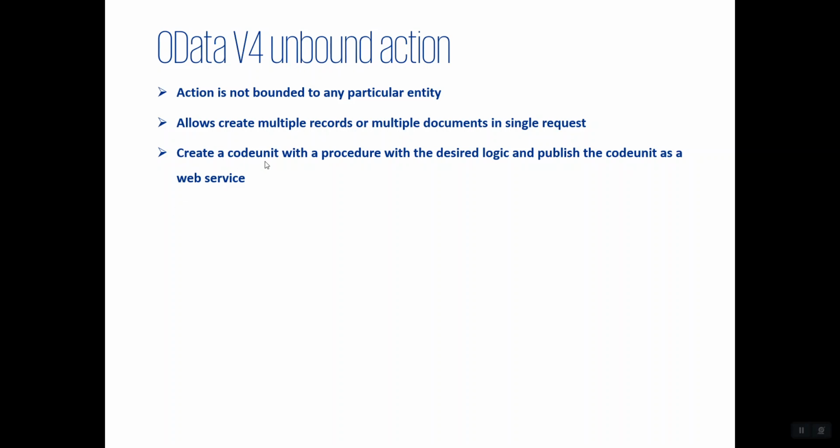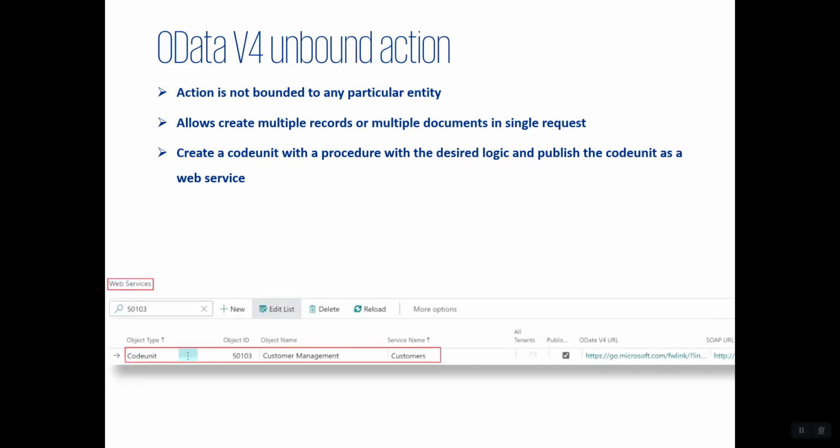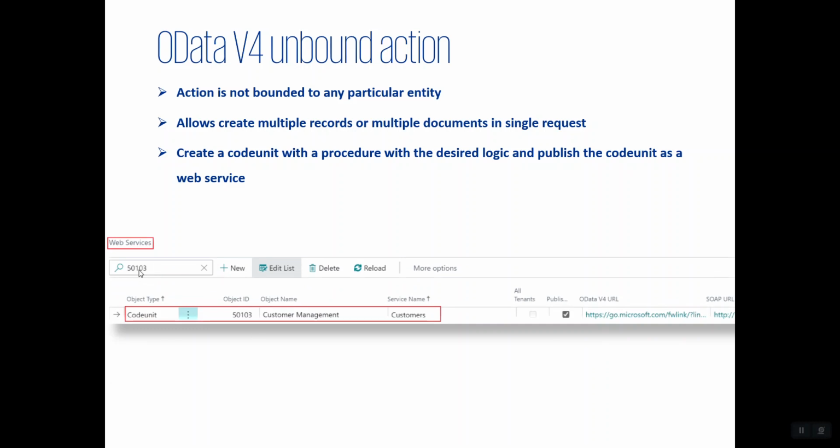So what we have to do is create a codeunit with a procedure, add whatever logic you want, and publish that codeunit as a web service. For example, in my case, I have added a codeunit; Customer Management is my codeunit name. I added a service name as customers, and I just published it.